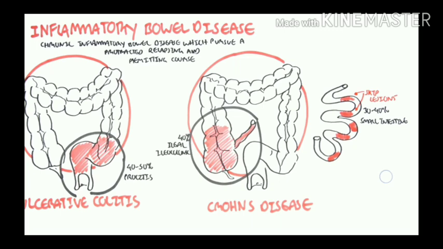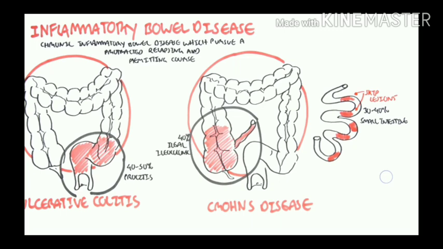In this we can see inflammation in segments, which we call skip lesions. We can only find these in Crohn's disease. We won't see any skip lesions in ulcerative colitis.